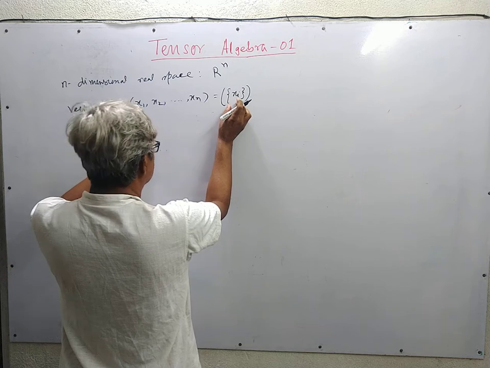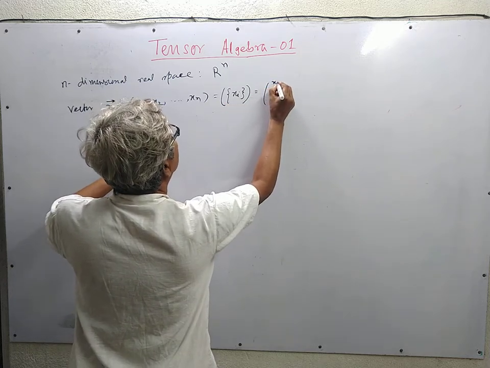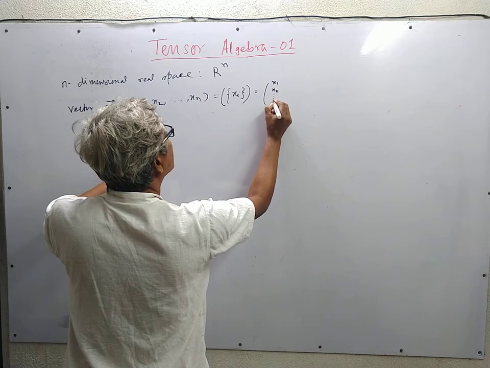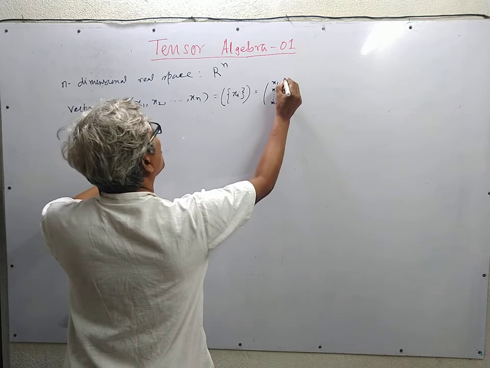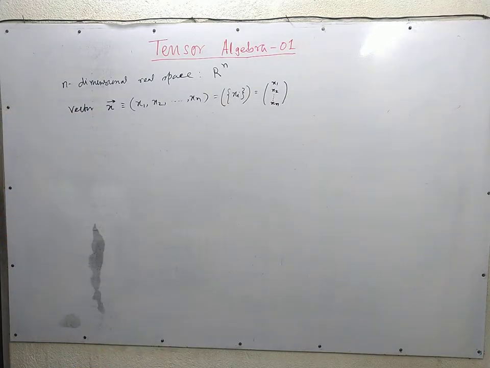This represents the set, or we may write it like this. These are all equivalent notations. This is the meaning of n-dimensional space.